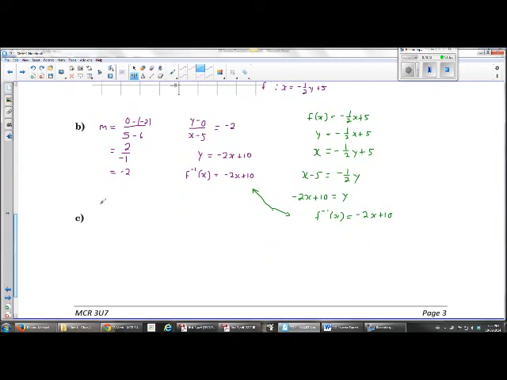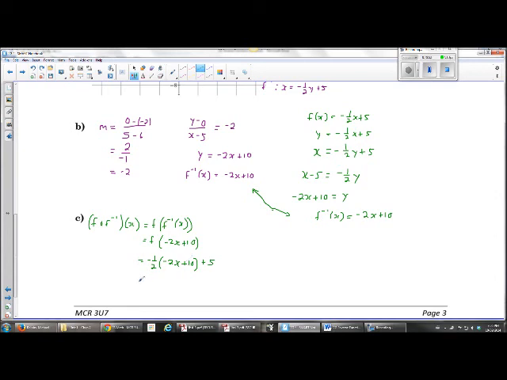So we have the two equations. f composite f inverse of x equals f of f inverse of x. f inverse of x is negative 2x plus 10, and f is negative 1/2 x plus 5, so I have negative 1/2, and I substitute in negative 2x plus 10 for x, plus 5.